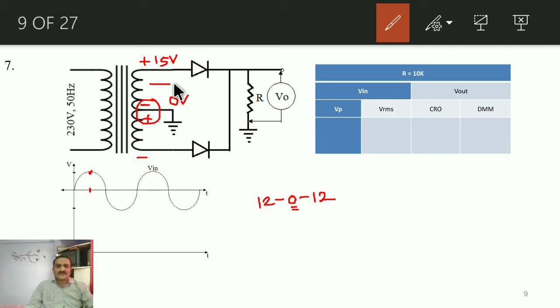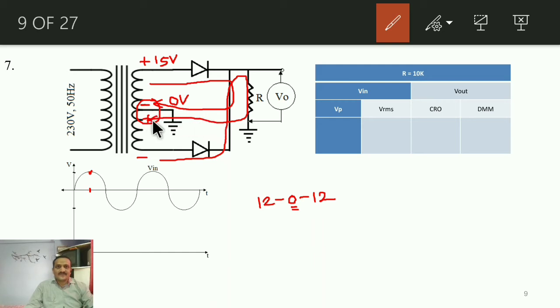So during the first positive half, diode D1 will conduct and current will flow through R like this. At the same time, diode D2, as it is in reverse bias, no current will flow through it. But during the negative half, this terminal will become negative, this one will become positive, the second diode will become forward biased, and current again will flow like this, is it?